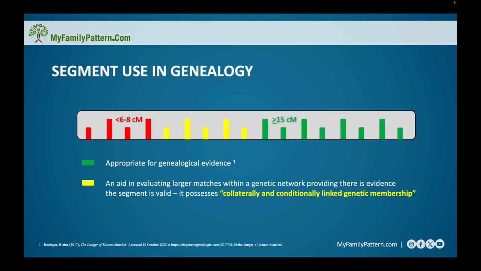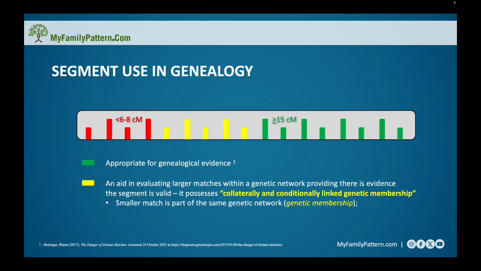And the way that we know that the smaller matches are going to be helpful is if these small matches are valid, meaning they must possess a collaterally and conditionally linked genetic membership with these larger matches. What do I mean by this? That means that a smaller match below 15 centimorgans should be part of the same genetic network as that 15 centimorgan match.